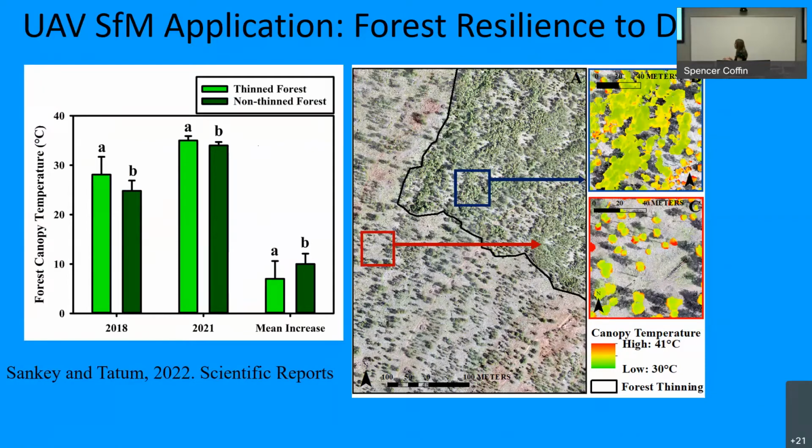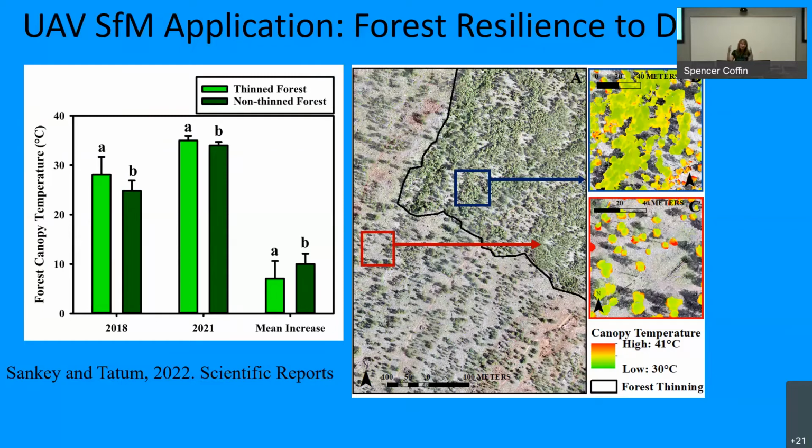And most importantly, during the drought period, canopy temperature increase for the non-thinned area was much greater compared to the thinned area, indicating that these trees got super, super hot. And they were not transpiring, they were not evaporatively cooling, because they have much lesser soil water available.